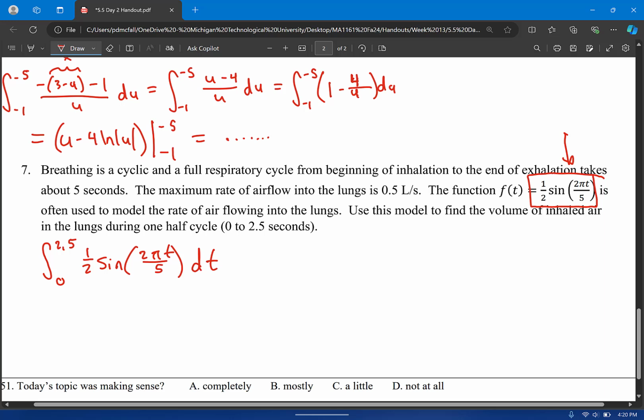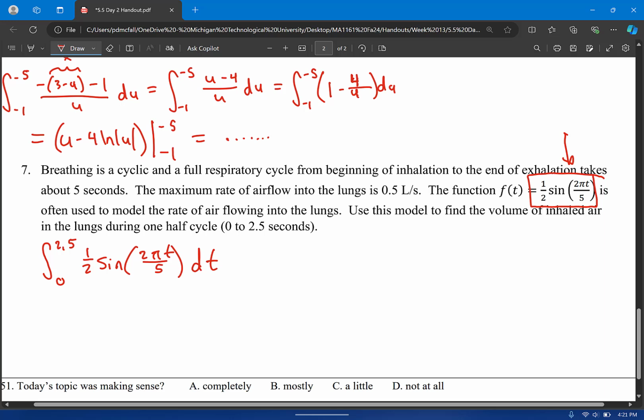Do the antiderivative of a derivative, you'll get the net change in the thing you're taking the derivative of, that is volume. So this is a net change theorem application using the substitution method. Another way to think about it is if you graph this, that's a volumetric rate plotted against time. Find the area under that, you'll get volume, the volume accumulated in your lungs.